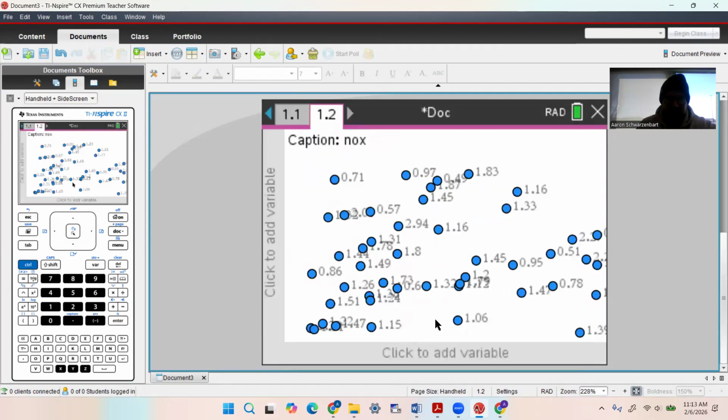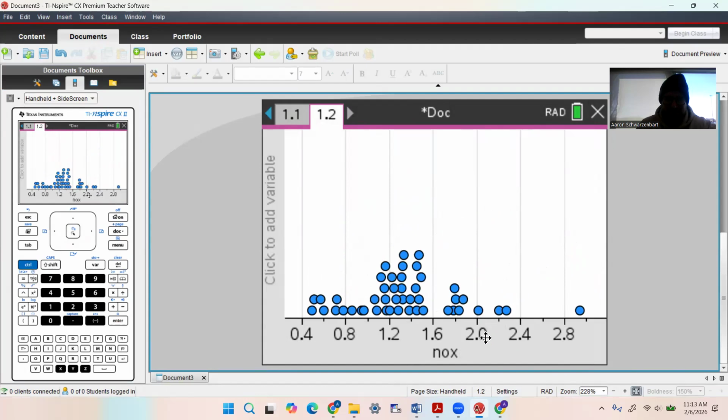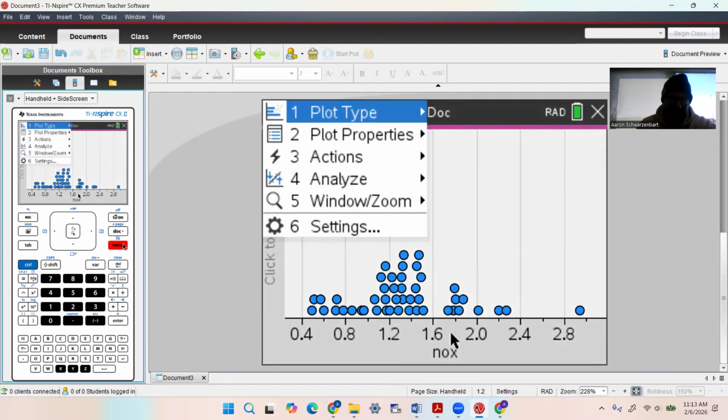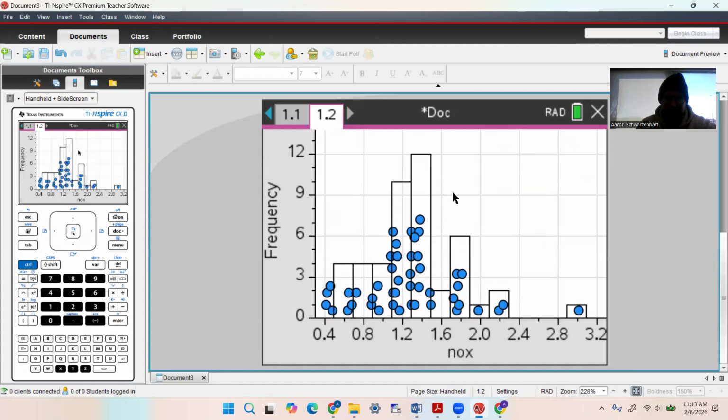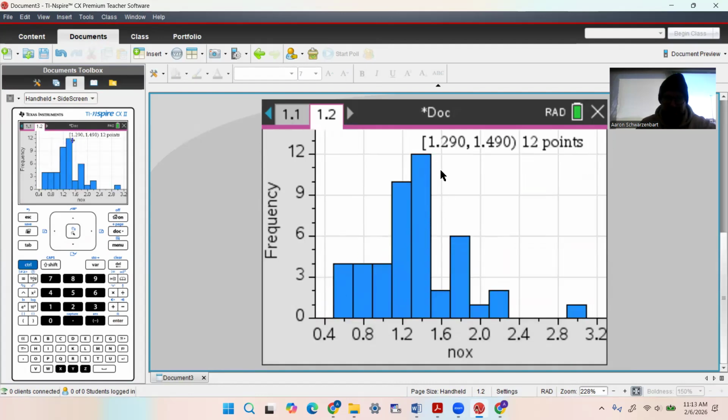Data and statistics. That looks approximately normal based on the dot plot. I could turn this into a histogram. That's plenty normal. With 40 or more, plenty normal. This one potential outlier is no big deal.